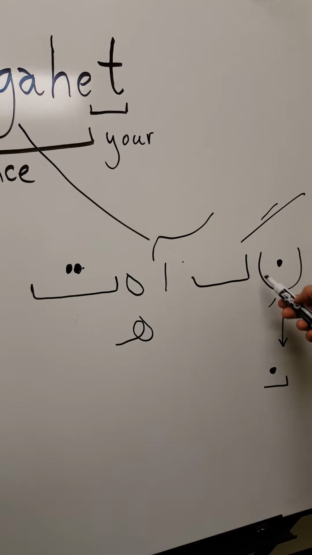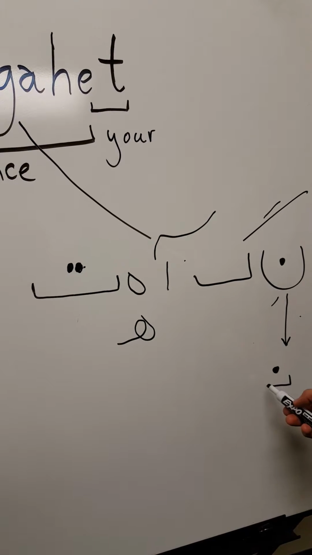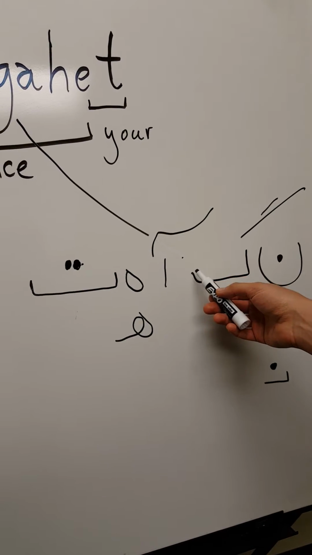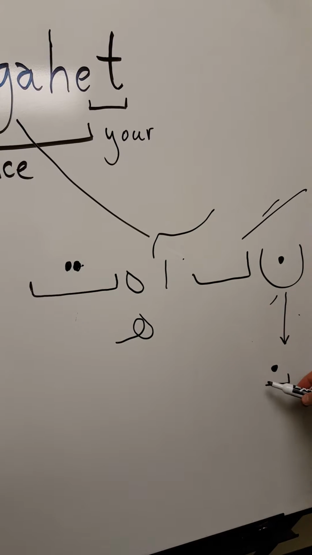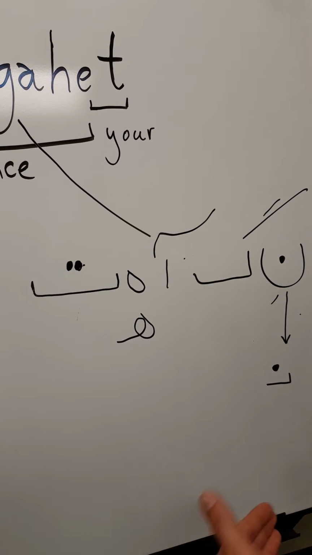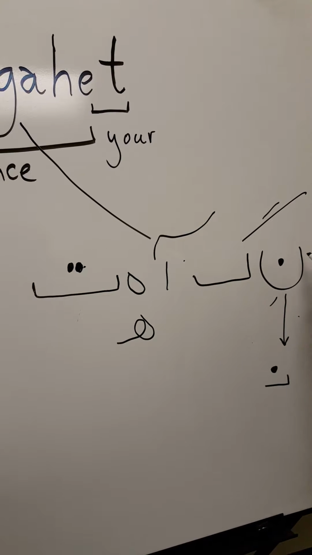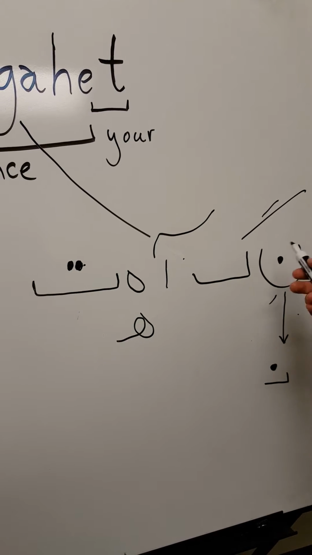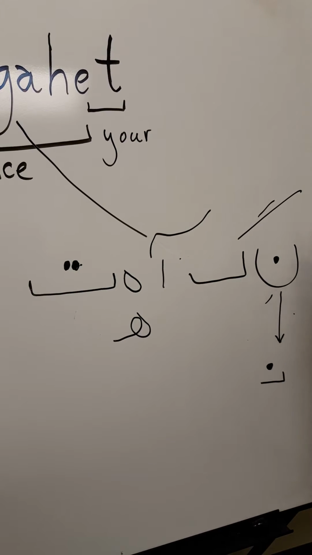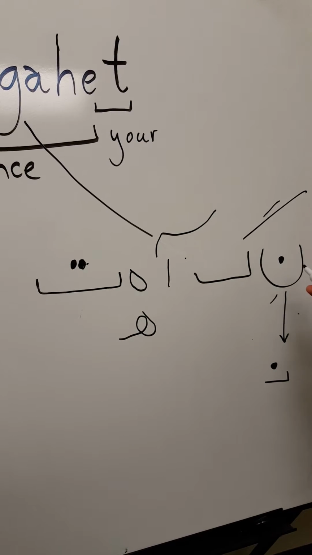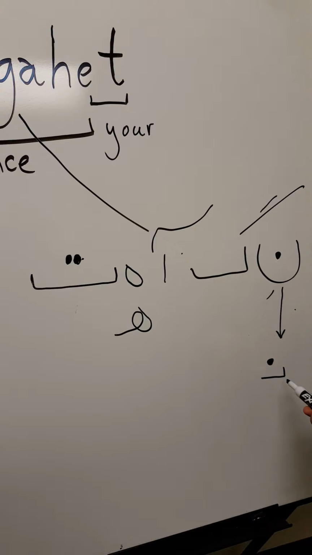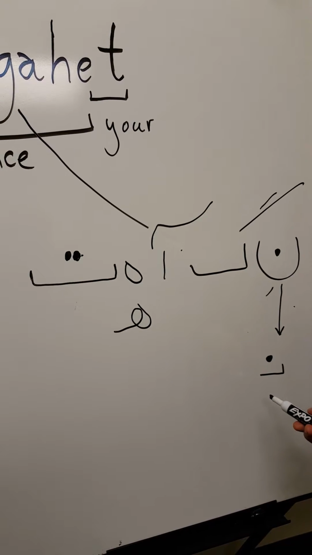So it shouldn't have a curve at the end of it, it shouldn't go up. It should be open and ready to attach to something else. So they changed the original version of letter N in Farsi to this form because they want to make a sentence out of it.